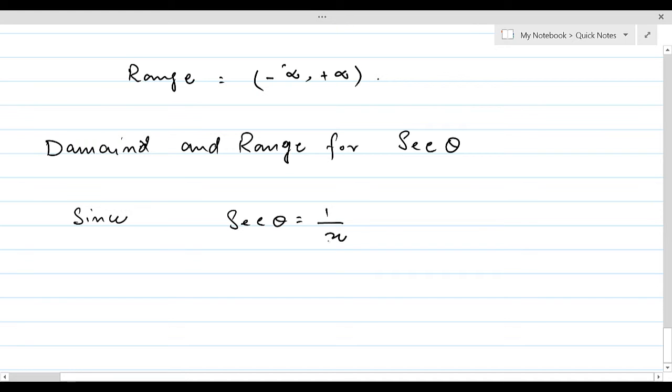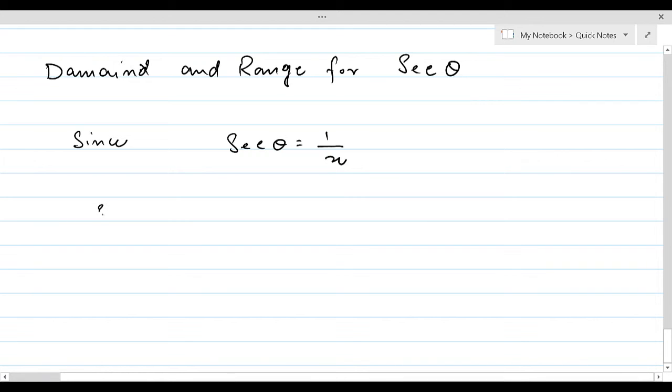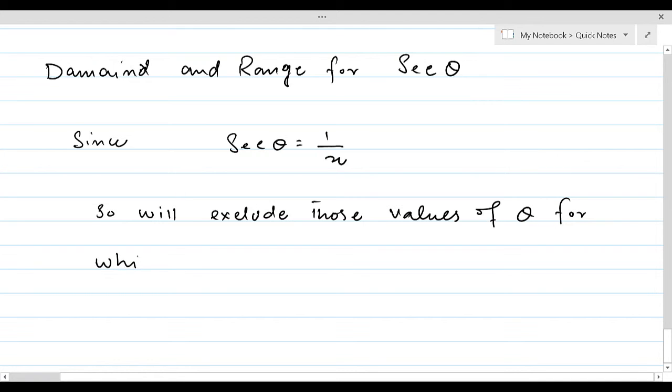Obviously, from the domain we have to exclude those values of theta for which x is equal to 0. So we will exclude those values of theta for which x is equal to 0.